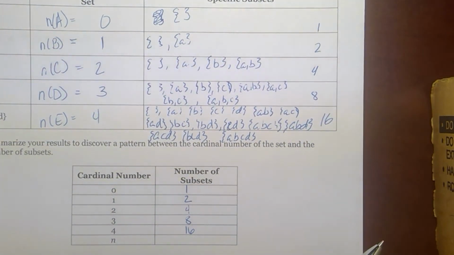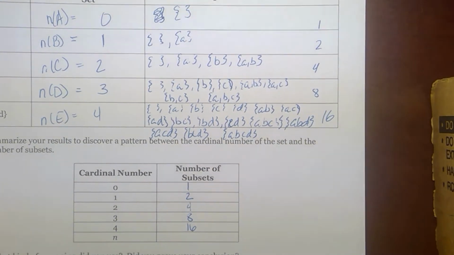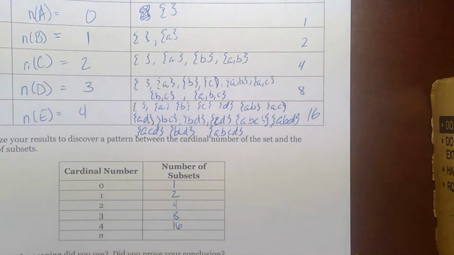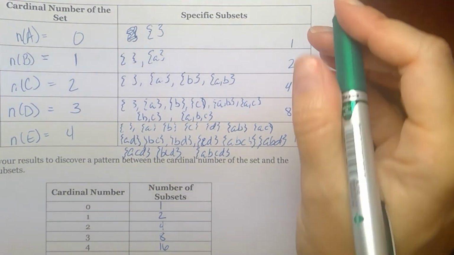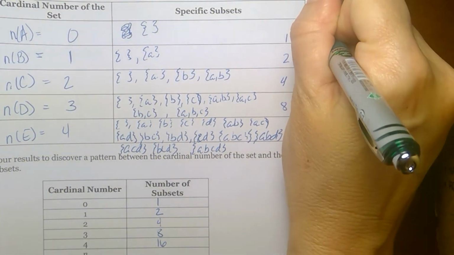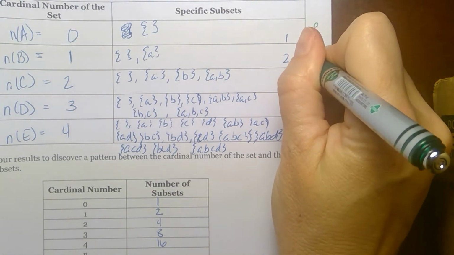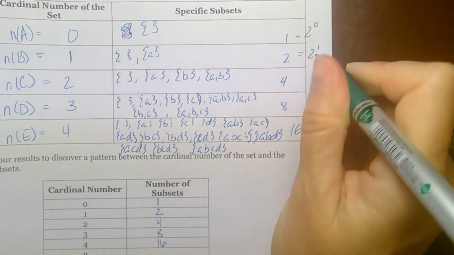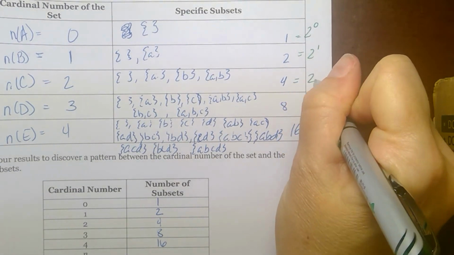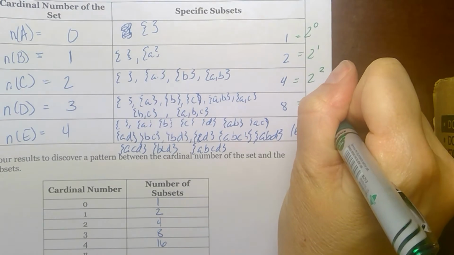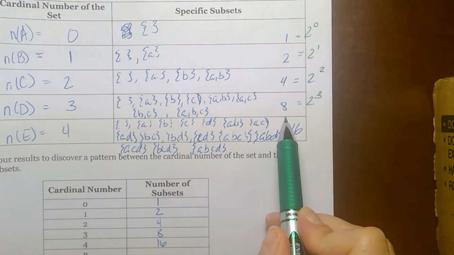What am I doing here? Well, if it's been a while since you've dealt with exponents, it may be a little difficult to see. But 2 to the 0 power, anything to the 0 power is 1. 2 to the first power is 2. 2 squared is 4. 2 cubed is 8.